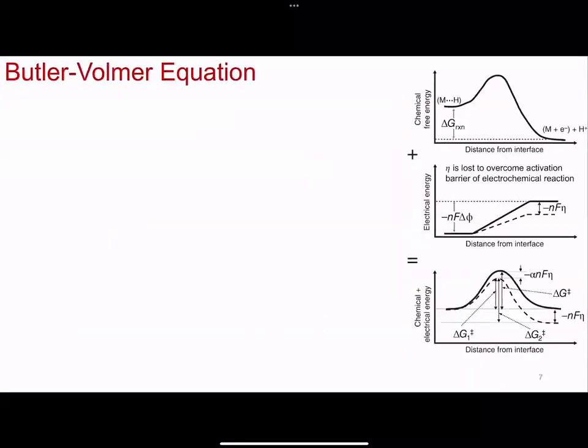And then we come to the other very important equation in fuel cells and electrochemistry in general. You'll see this in corrosion as well, for understanding reaction rates: the Butler-Volmer equation. Here the energetics are similar in the sense that you still have your reaction, you have some chemical potential, some chemical free energy, and you need to overcome that. So here we're still talking about hydrogen being converted to protons, right?